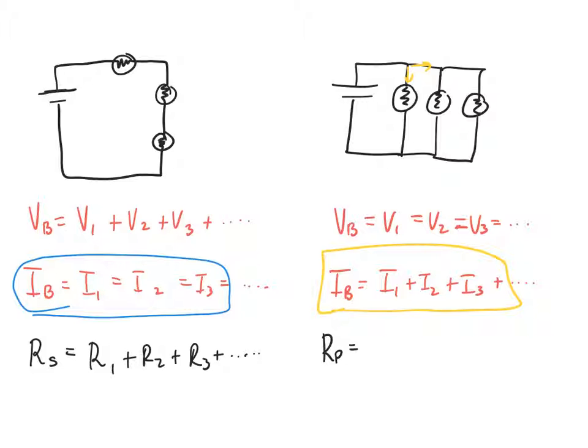It was not a sum law. It's a reciprocal sum law. So it was not just R_P equals, it was 1 over R_P. So when I write this fraction, I want to recognize that the answer I get is not my answer. I need to use the inverse to get the answer.